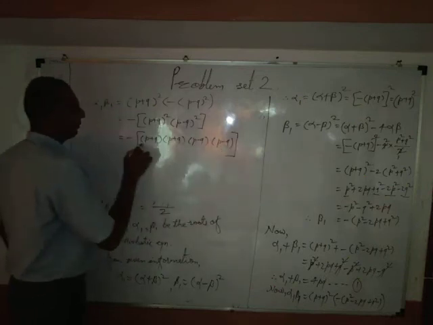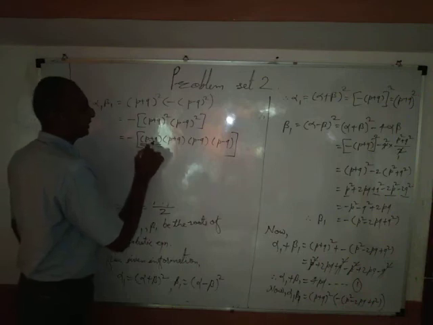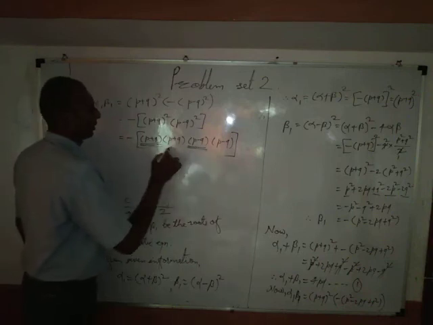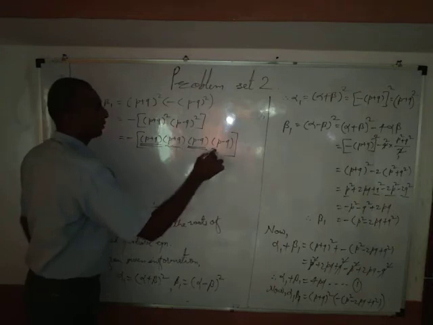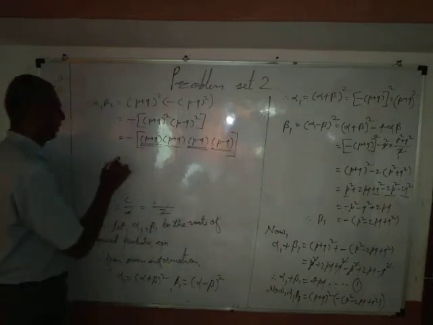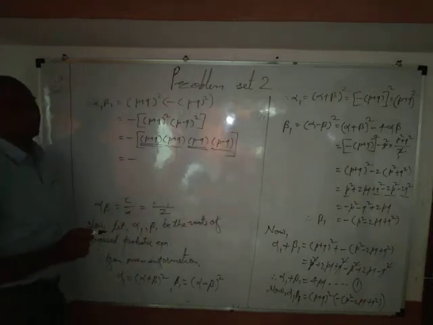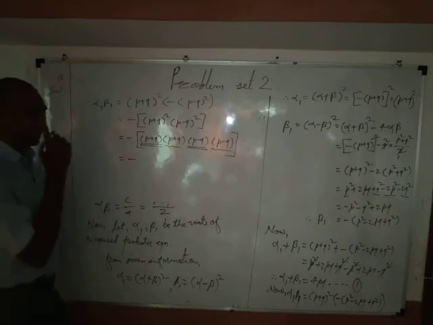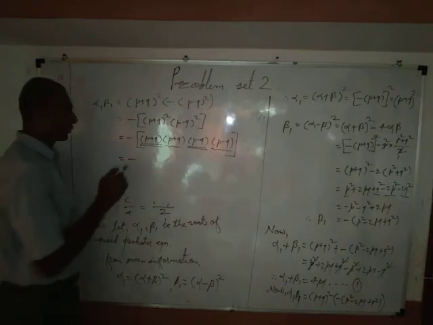Okay, we may pair this like (p plus q) into (p minus q) and (p plus q) into (p minus q). Okay, and the expansion of (p plus q) into (p minus q) is nothing but p square minus q square.